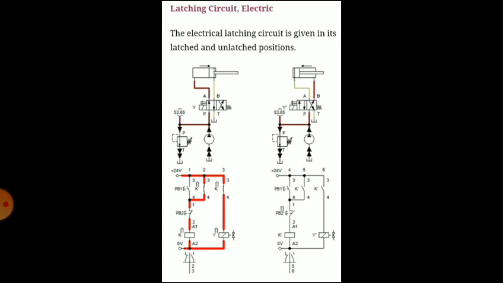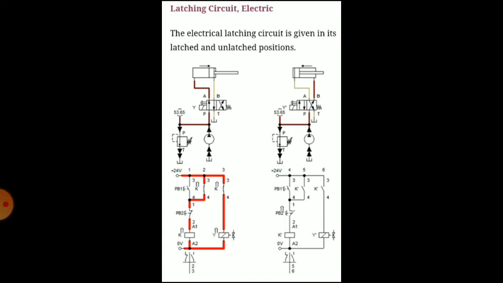So in the first cylinder you will get the forward stroke after activating the solenoid valve. The valve position is changed and it will start the reverse stroke. And after that again, every time you have to press the push button switch.